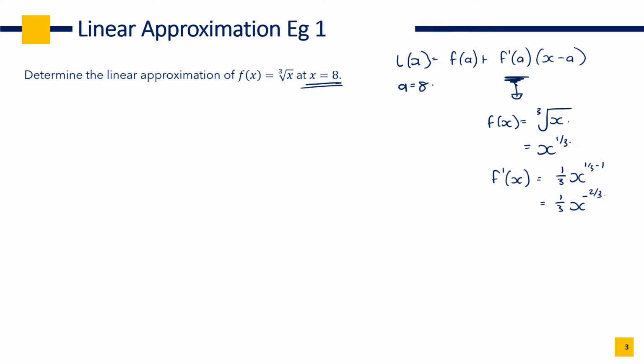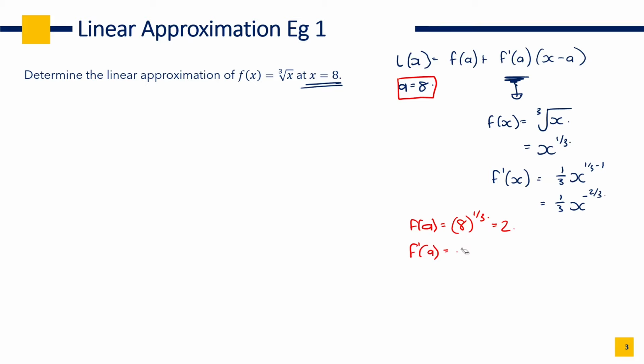But now you need to have that at a equal to 8, so we're going to introduce a equal to 8 into our working out to get f(a). That is 8 to the power 1/3, which is equal to 2. And we have f'(a), which is equal to 1/3.